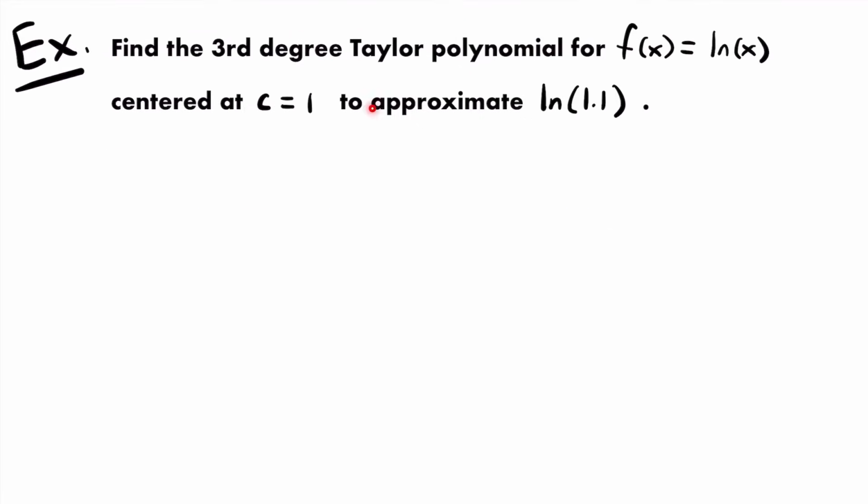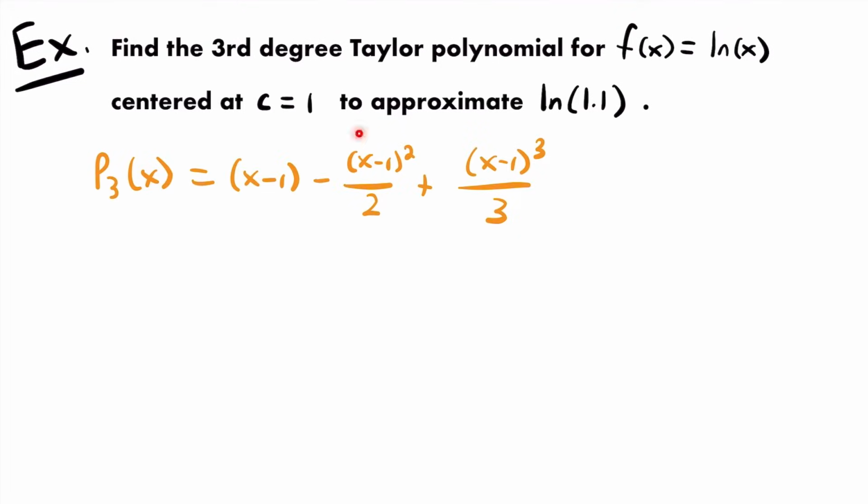Okay, so here's our example. We want to find the third degree Taylor polynomial for f of x equals the natural log of x centered at c equals 1 in order to approximate the natural log of 1.1. Now we already completed half of this problem with our example from earlier. We already found the third degree Taylor polynomial for the natural log of x centered at c equals 1.